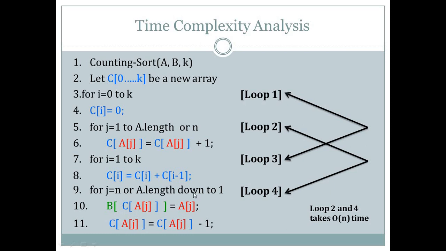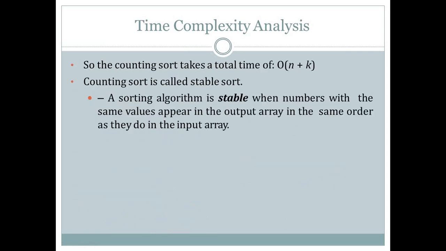So time complexity of n here. And in this loop we have 0 to k and 1 to k, so time complexity of k here. So in total our time complexity will become order of n plus k. So the time complexity of this sorting algorithm is order of n plus k.